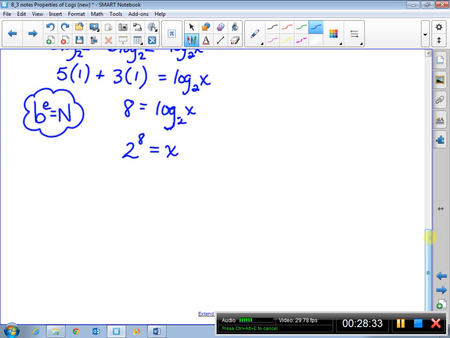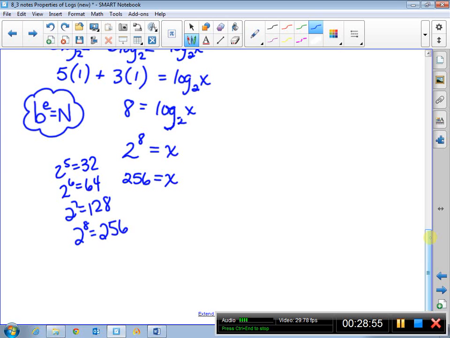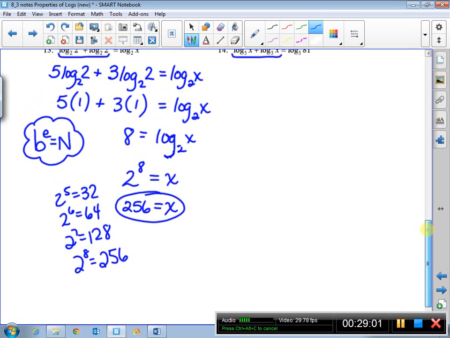And 2 to the 8th power, let's see, I believe is 256. 2 to the 5th is 32. 2 to the 6th is 64. Oh yeah, good job. Alrighty, that one's done. So we solved that equation.